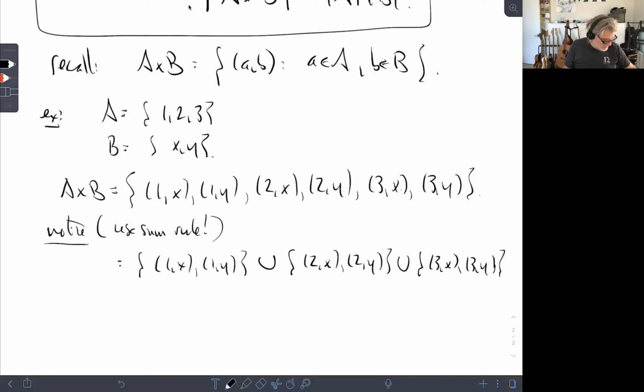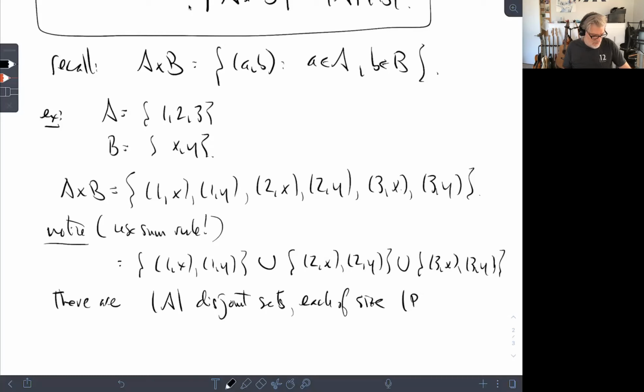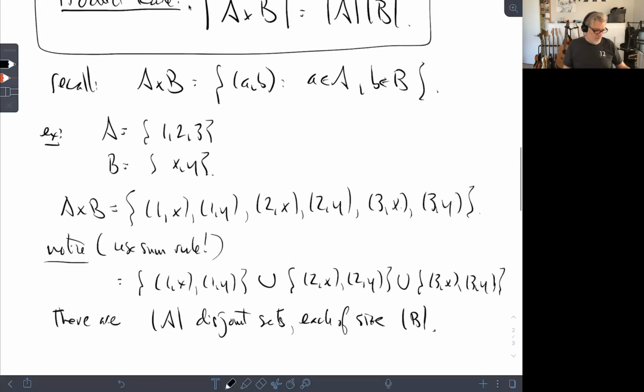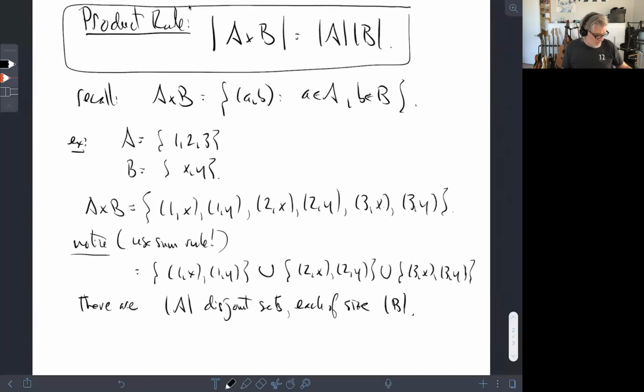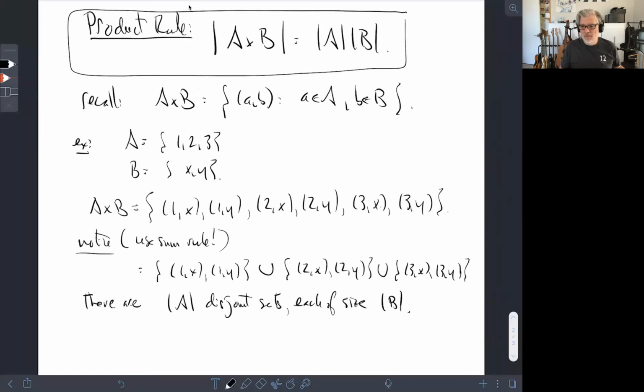Cardinality of A. So there are cardinality of A disjoint sets, each of size cardinality of B. I just illustrated this in a little example, but you can see that it's the same thing in general, so the product rule comes from the sum rule, basically by splitting up the set in a nice way. Of course, if you believed that this was the case, that's fine. That's great.